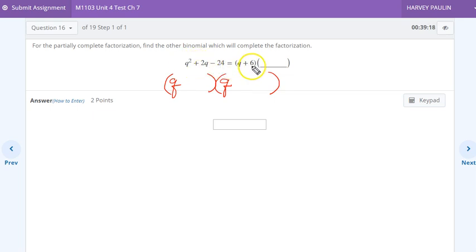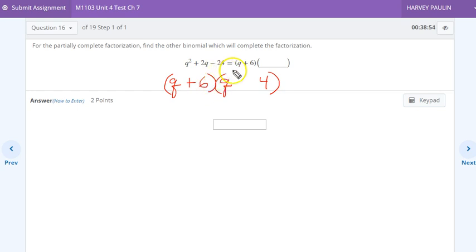But they're already saying that one of these is 6. So it's going to be 6 times what is 24? 6 times 4 is 24. So these should be rather easy because they're giving you one of the binomials.